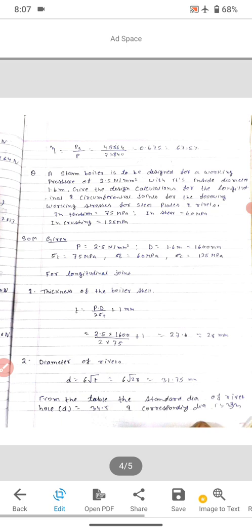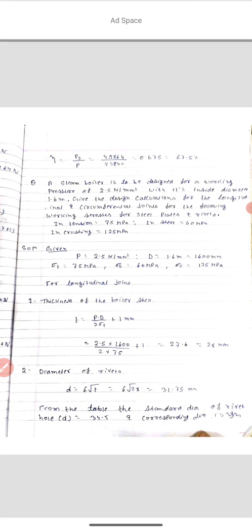Okay, it is already given, so you have to design, and I am going to design only for circumferential joint, but the longitudinal joint you have to design as an assignment.